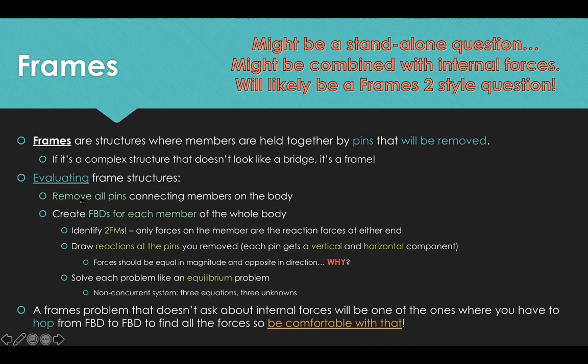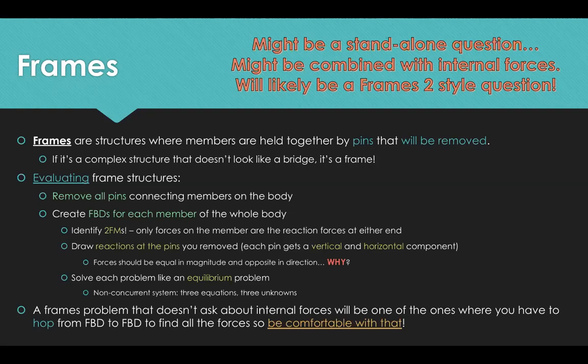The second step is to remove every pin and separate it into individual members. Once you've separated it, you want to draw a free body diagram of each member. An important thing to remember is two force members, because those are just a single unknown, which makes it a lot easier than breaking it up into two unknowns.